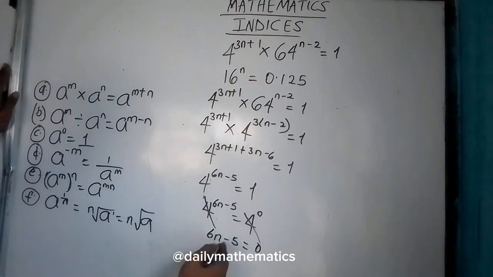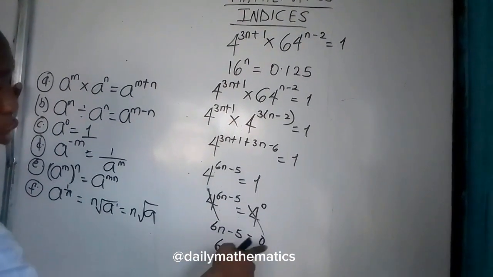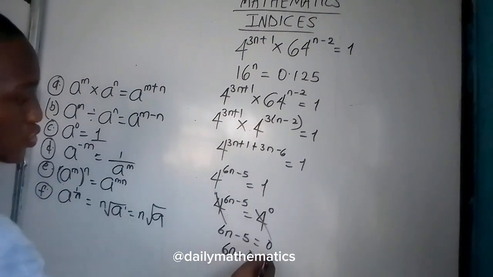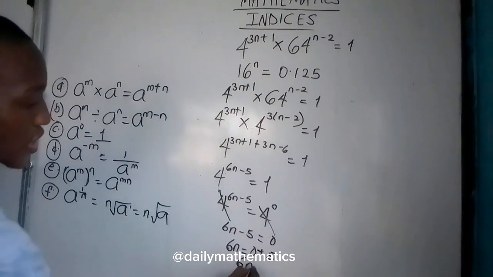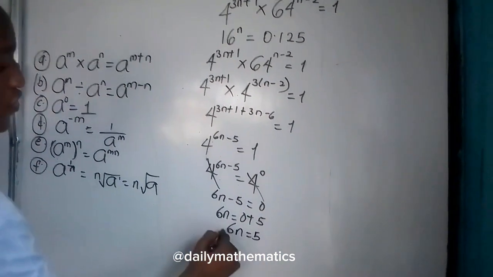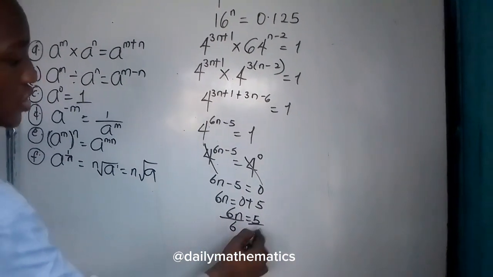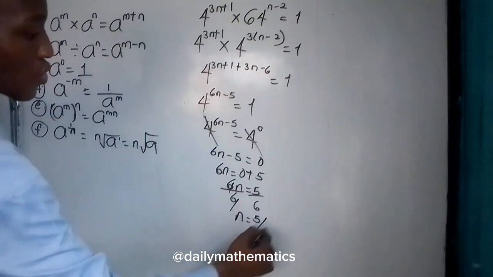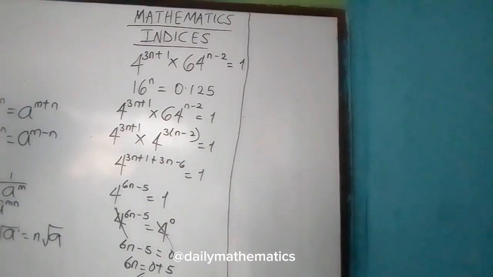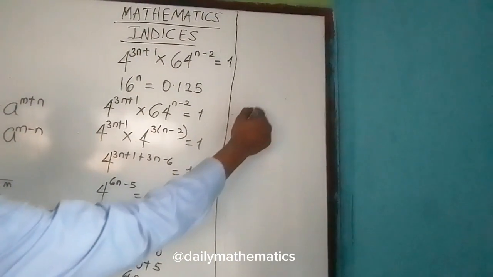We collect like terms: when minus 5 crosses the equal sign, it changes to plus 5, so 6n equals 5. We divide both sides by 6, the coefficient of n, and n equals 5 over 6.